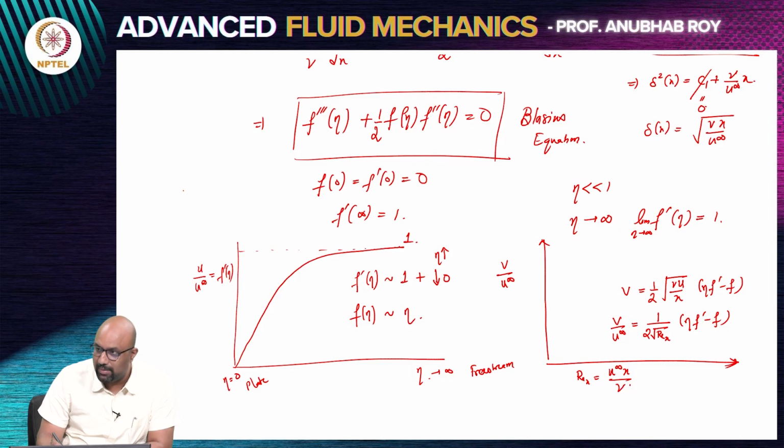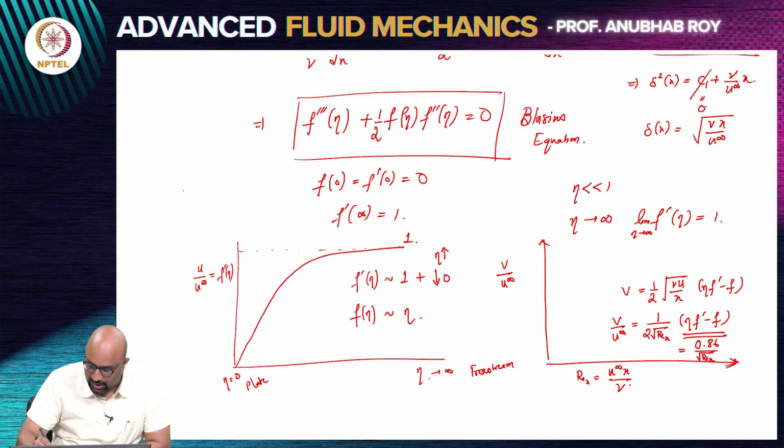It's a Reynolds number based on your streamwise coordinate. Now if you substitute the values of f prime and f into this expression, you will find that this turns out to be a constant. So it is 4.9, sorry. It turns out to be a constant which is 0.86 by root Rex.